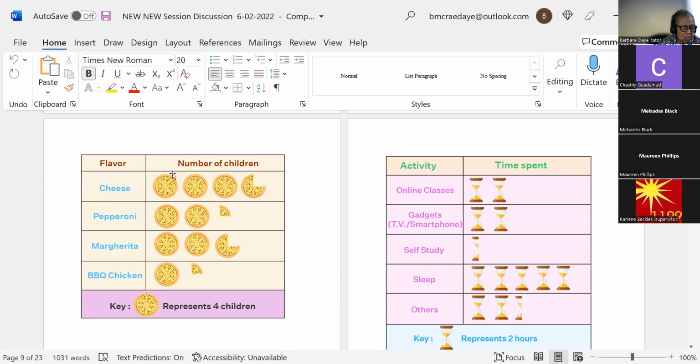Each of these circles represents 4 children. So if I ask you, how many children prefer cheese, Maureen? Each of these represents 4 children. So how many children prefer cheese?